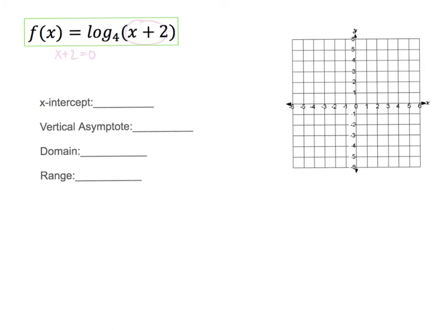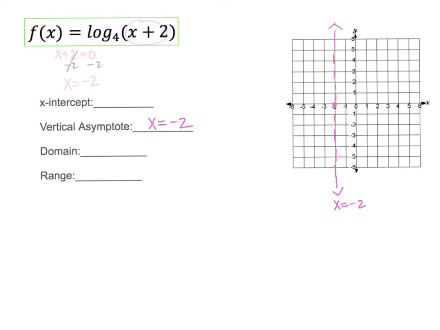So if you set this equal to 0, you'll have to subtract the 2, and then that cancels, so x equals negative 2. So that means that the vertical asymptote is at x equals negative 2, which is right here. So I'll draw my vertical asymptote using my dashed line at x equals negative 2.